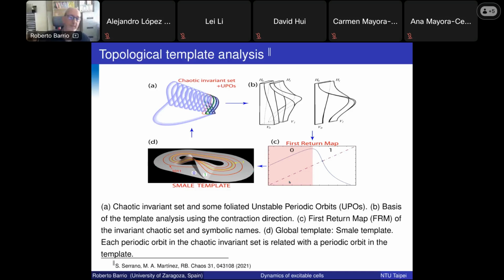So all the periodic orbits in the attractor are in the template and so on. In our case, we have studied that we have the Smale template in the Hindmarsh-Rose model. The Smale template is the simple one. So you say, okay, but this is the simple one. Yes, but there are several things.